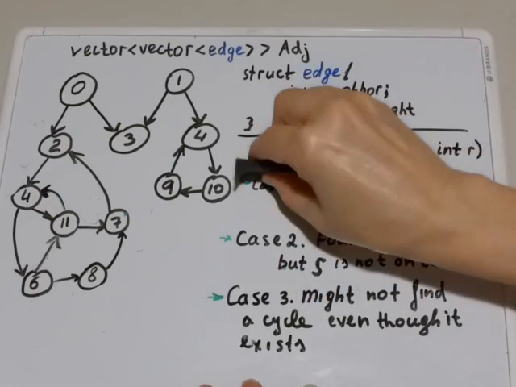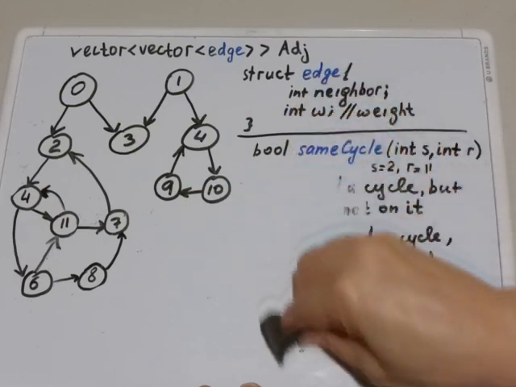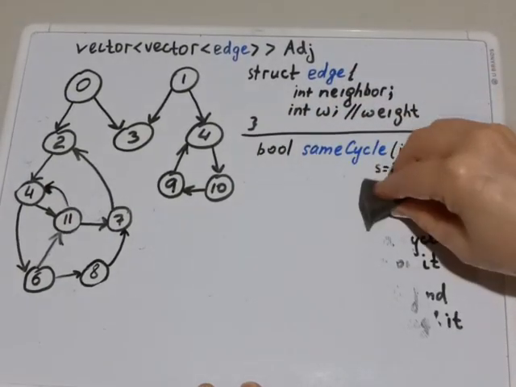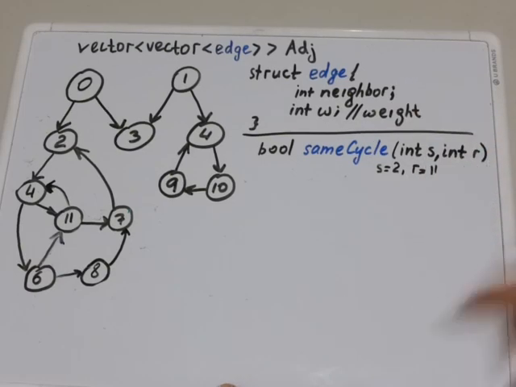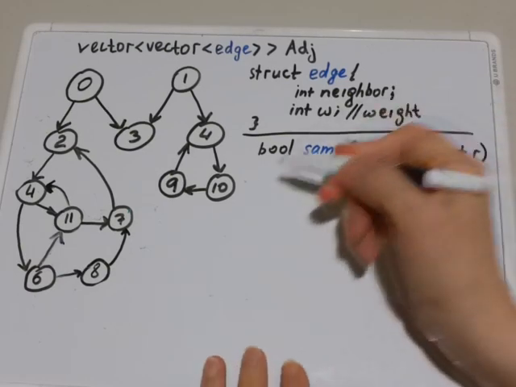So what if I run BFS now on vertex S? How can I use that? BFS or DFS visit, whatever you want.